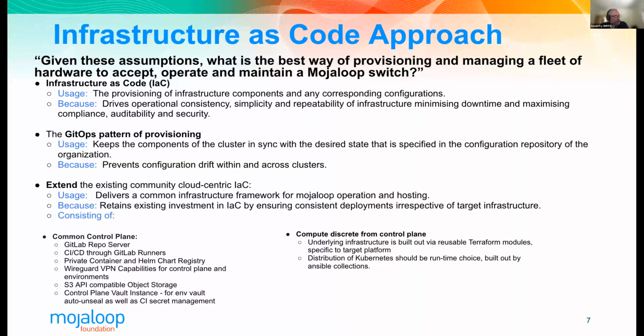So the WireGuard VPN, we are setting up a mesh VPN between the control plane and the environments to allow for that operational network access, not for actual data traffic.